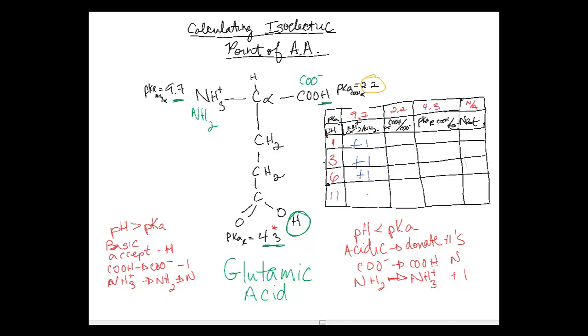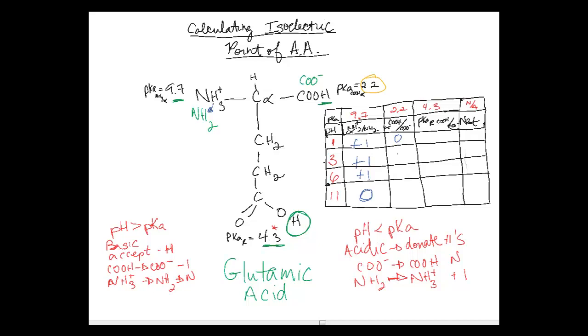Well, once I surpass my pKa of 9.7 here in this column, then I know I'm going to have a neutral charge, because this will go from an NH3+ to an NH2. Now, if I look at the alpha carboxylic acid, I'm going to have an acidic environment at a pH of 1, so it's going to be protonated and neutral.